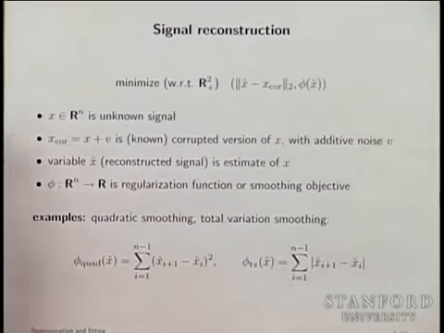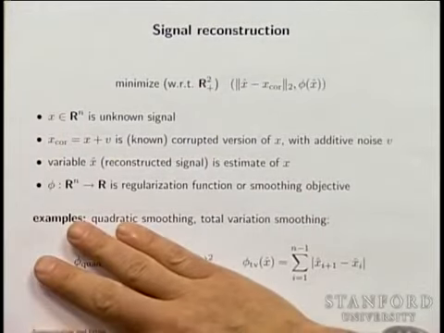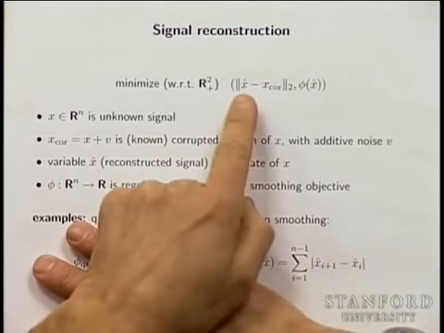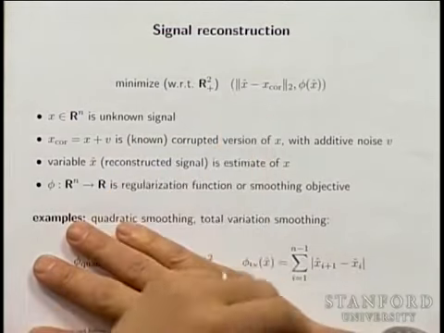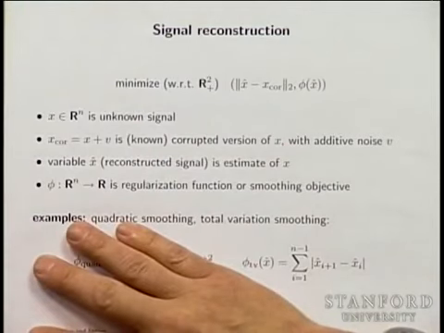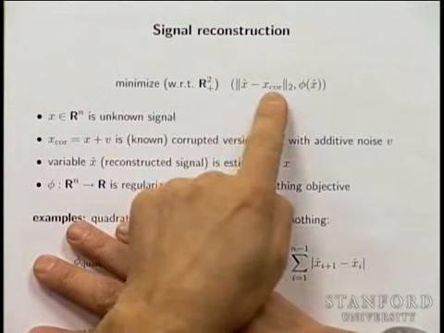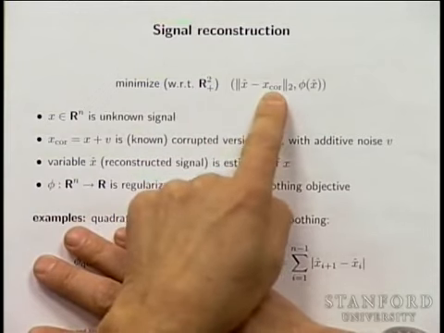Signal reconstruction. This is a very special case of this, but it's widely used, and it looks like this. Here's what's happened. There's a signal I'm given, but it's been corrupted, just additively. So the linear operator A is I, the identity. I'm given a corrupted signal, and I want to decorrupt it.